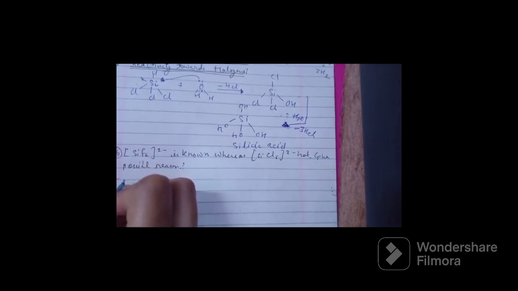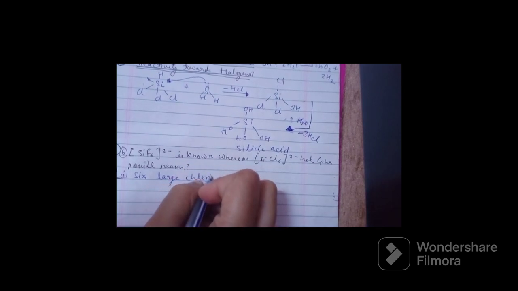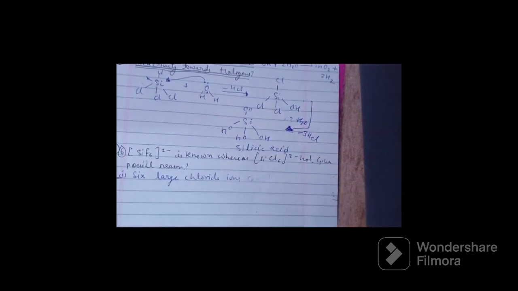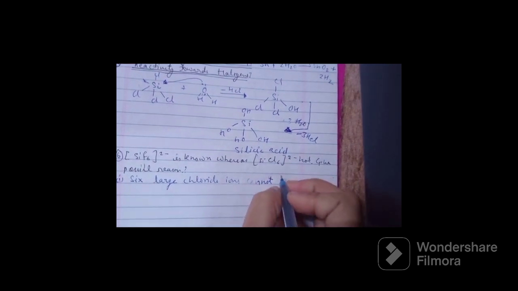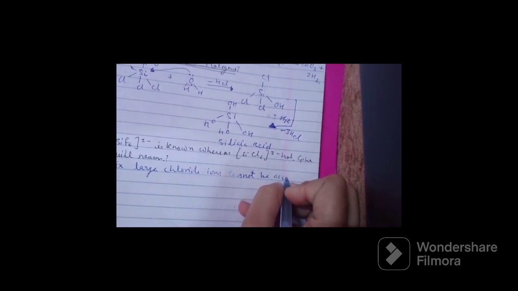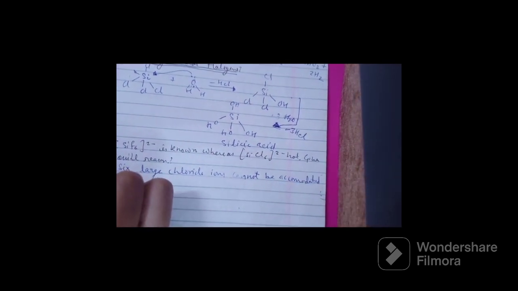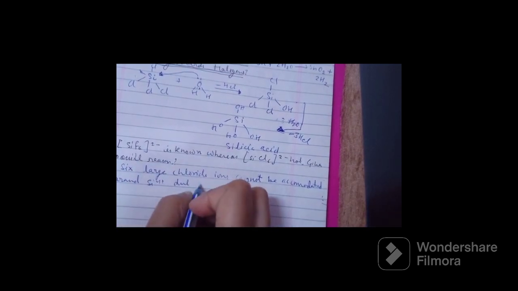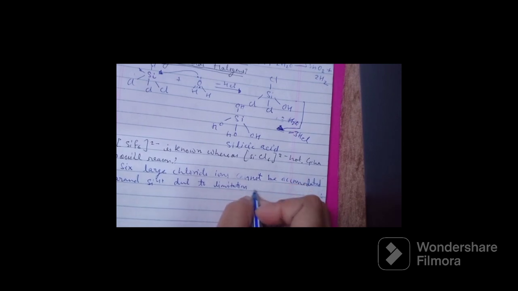The first reason is, six large chloride ions cannot be accommodated around Si4+ due to limitation of its size.